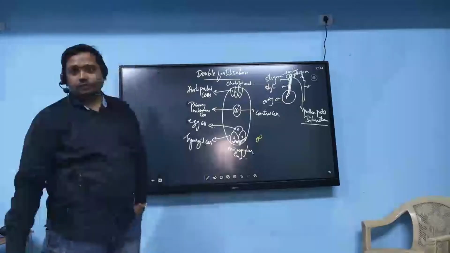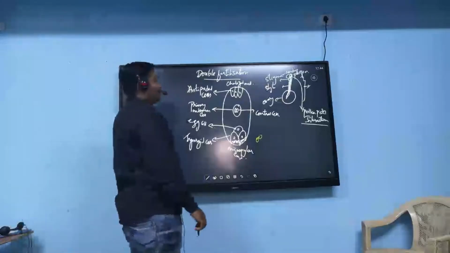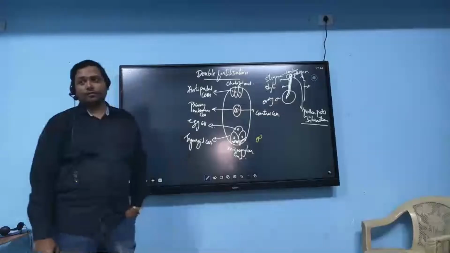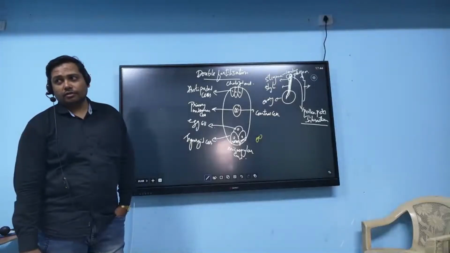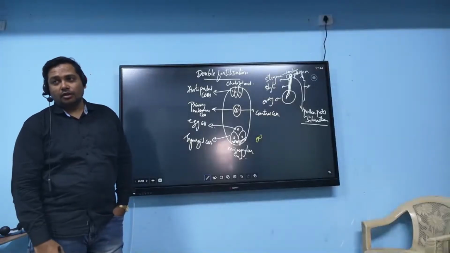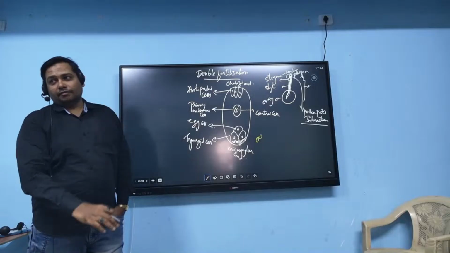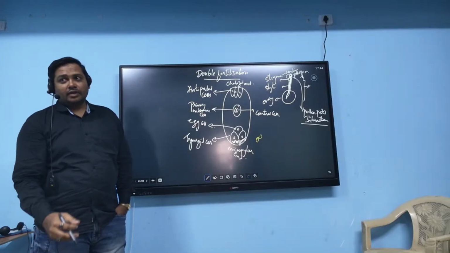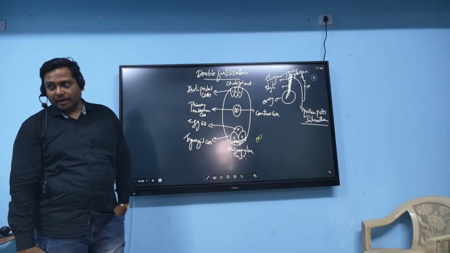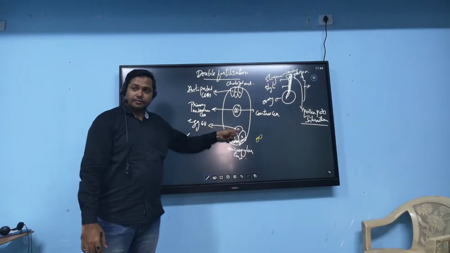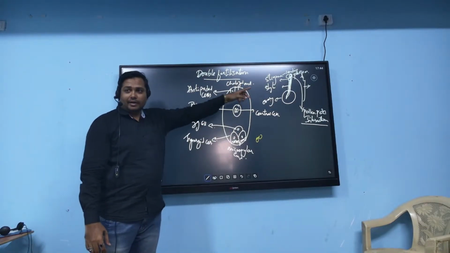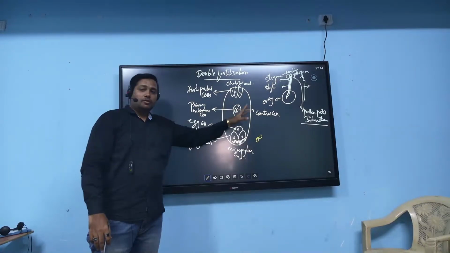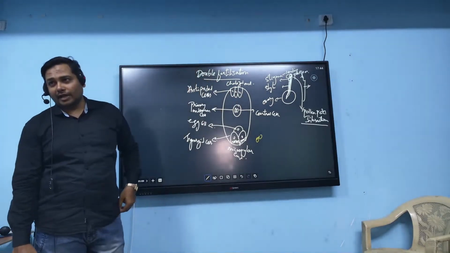Done? Yes. So two male gametes will be released near the embryo sac. Embryo sac is the female gametophyte. Pollen grain is the male gametophyte. Embryo sac has a female gamete, that is the egg cell, and the pollen grain has released two male gametes nearby the embryo sac.